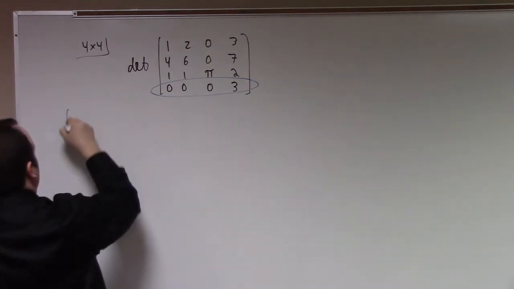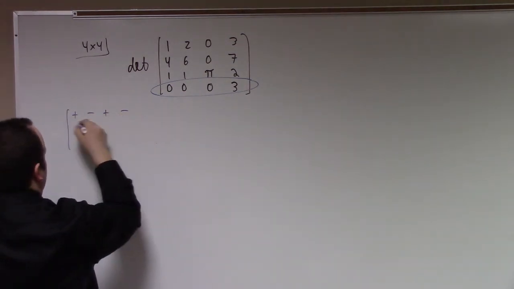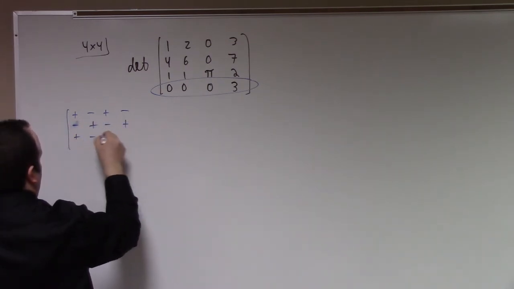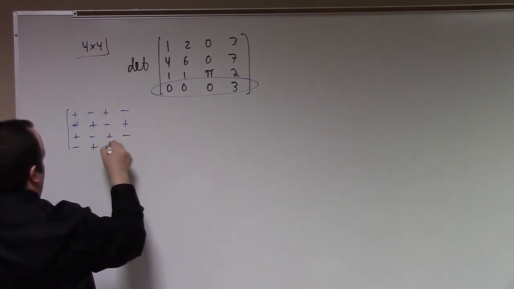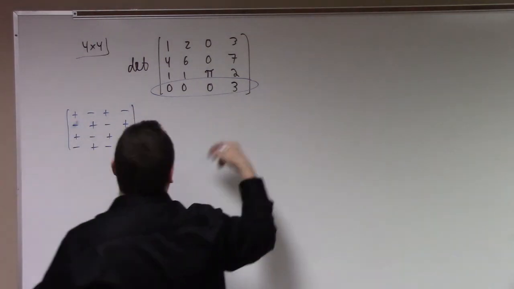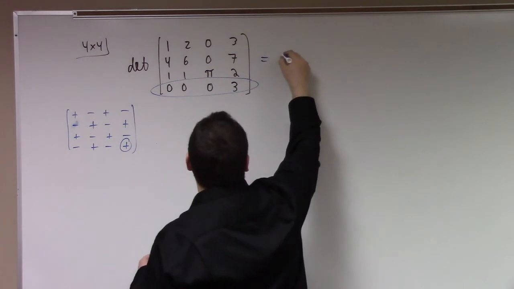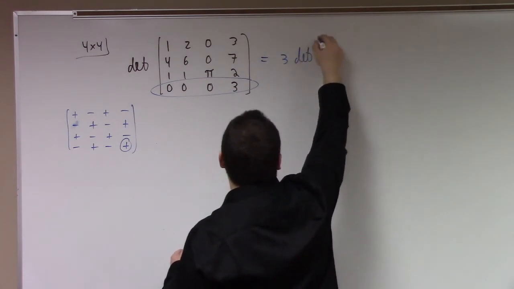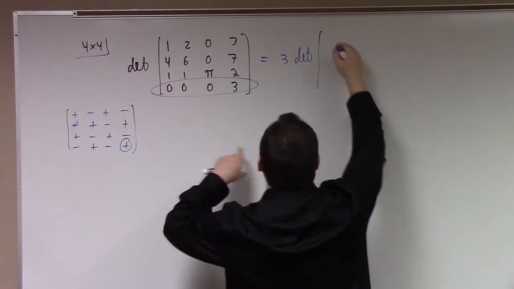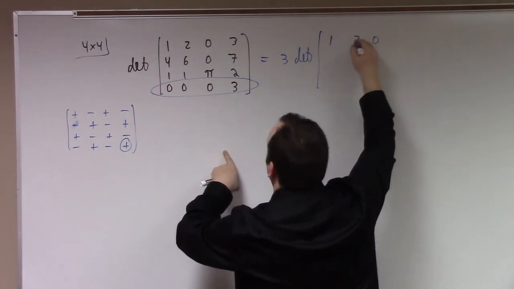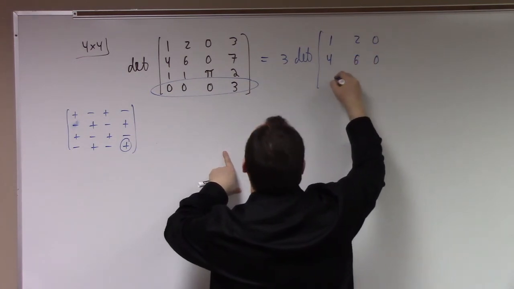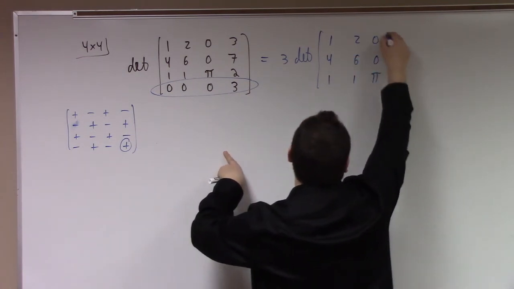Again, the rules are plus, minus, plus, minus, and so on, alternating. So plus 3, and then we do the determinant of everything else: 1, 2, 0, 4, 6, 0, 1, 1, pi.